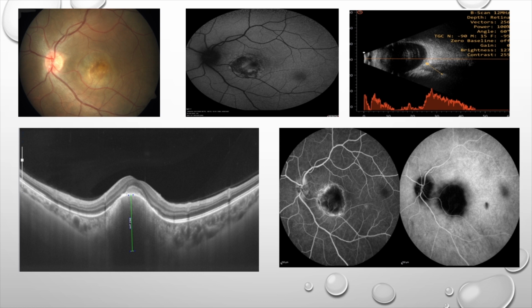Coming to fluid, the patient does not have any SRF. Coming to symptoms, the patient has flashes on and off. And location: if it is juxtapapillary, then it has a high propensity to convert into a melanoma. Our lesion is also very close to the disc, but still it's midway, I think.